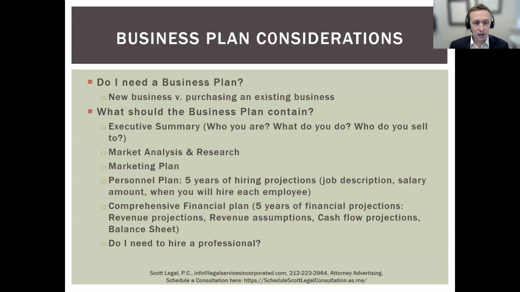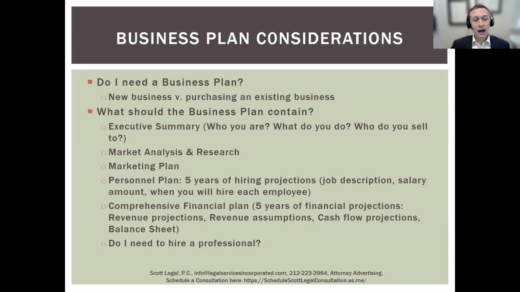In addition to the executive summary, a market analysis and research showing that you understand who your competitors are and the size of the market, and a marketing plan, so talking about how you're going to get clients and customers, maybe, for example, using social media, using a website, using in-person interactions, going to conferences, things like that. A personnel plan.